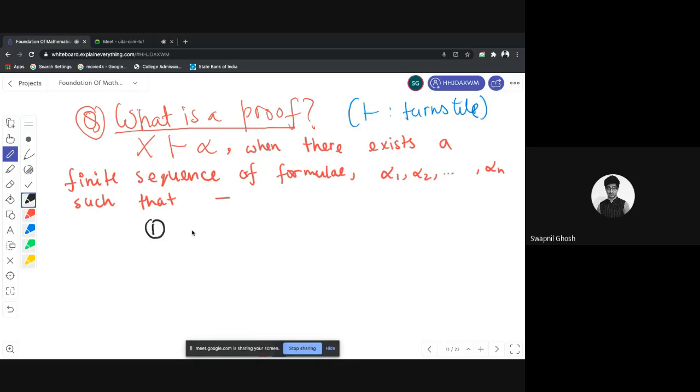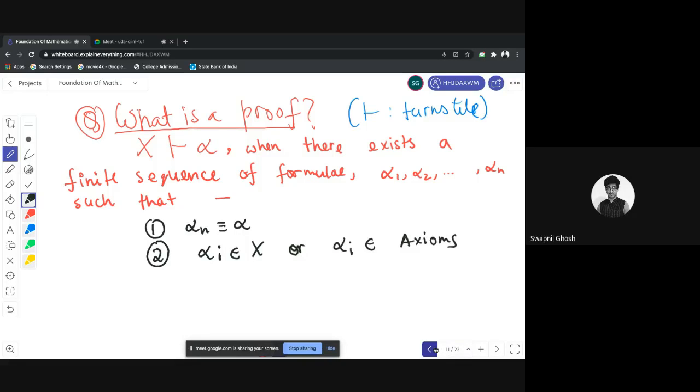First condition: alpha n is actually alpha. Number 2: each alpha i is an element of X or an element of the axioms.